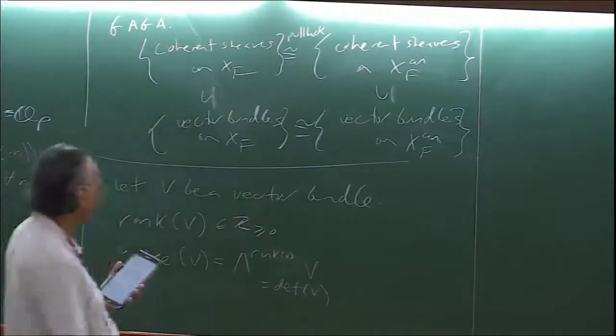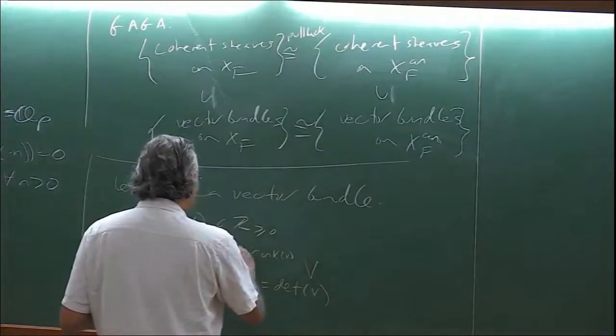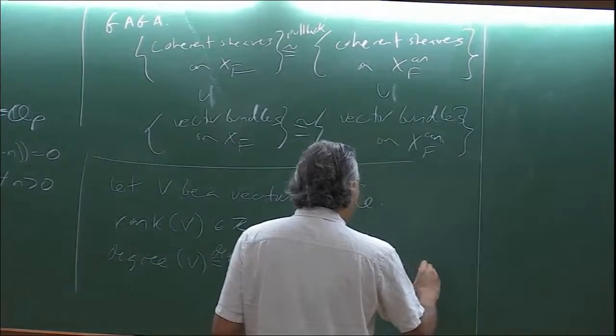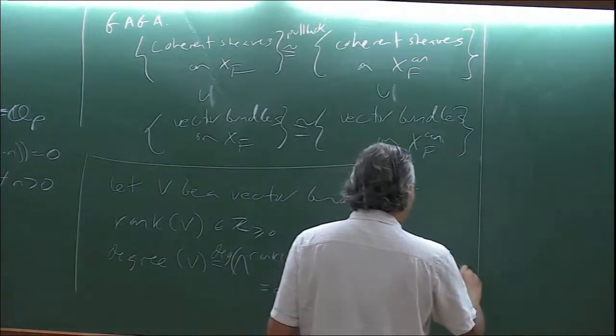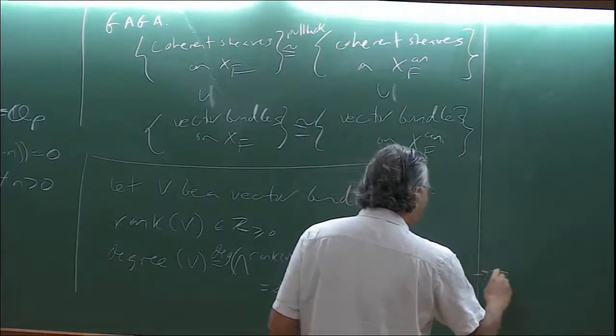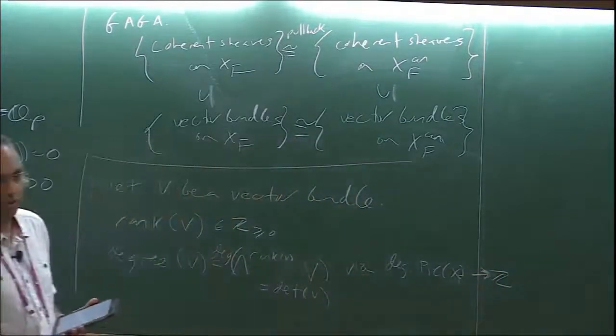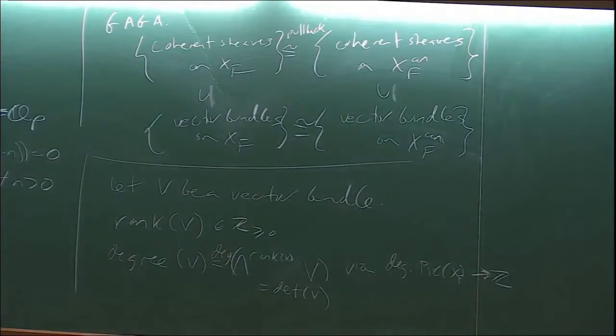That's a line bundle. I take the degree of that via the map that we constructed from the Picard group to the integers, using the fact that principal divisors have degree 0.